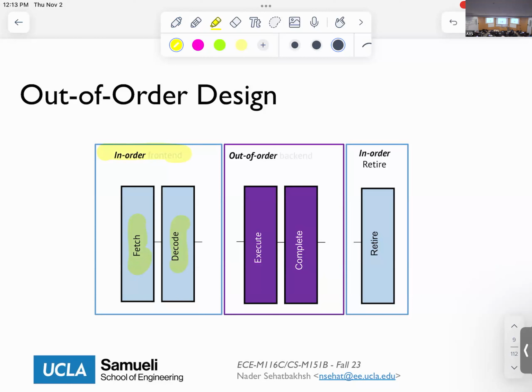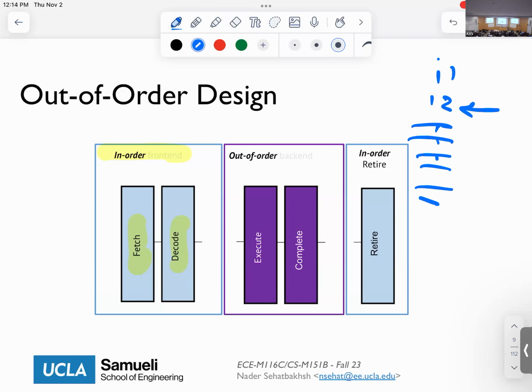The difference between in order and out of order is that in order processors were limited in the sense that you can only go with the program order. So if, for example, you have a sequence of instructions I1, I2, I3, and so on, if I2 is not executed, you cannot execute any of these future, or younger, instructions.